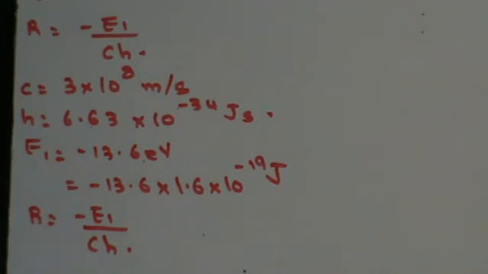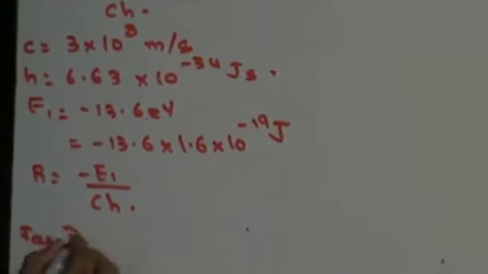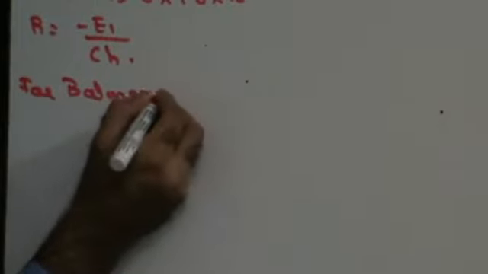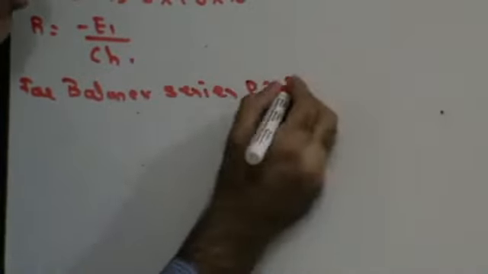Once I have the value of R, I can work on the Balmer series. For the Balmer series, p is equal to 2. They've asked us to calculate the wavelength of the second member of the Balmer series.